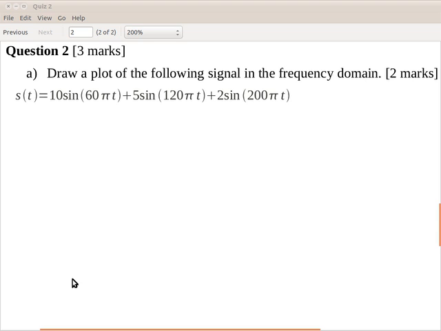If I asked you a question to draw a plot in the time domain, then that would be hard without a calculator or some computer to calculate. But in the frequency domain, it should be easy for you to draw a plot of that. We have 3 sine components. You need to identify the frequency of each of them. Component 1, 2 and 3.